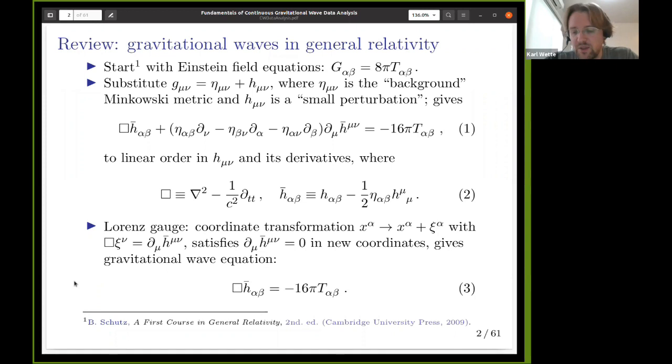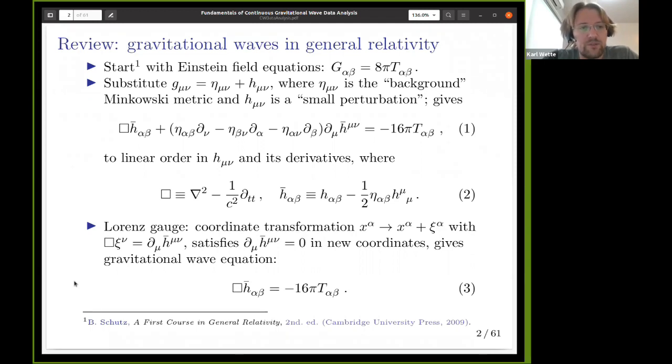So if you substitute that into the Einstein field equations and work through all the maths, and you do everything to linear order in h, so you don't worry about any quantities of second order or higher effects, you end up with what's given in equation 1, which is called the linearized Einstein field equations.